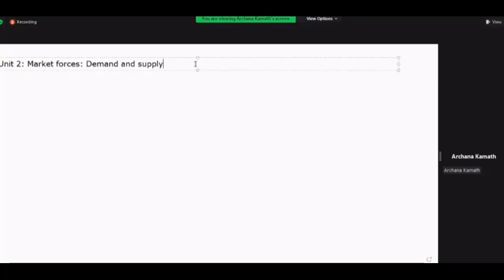Market forces, you have forces, meaning the one coming from one direction is demand and the other coming from the other side is the supply. The important tip which I'm going to provide you is, whenever you are learning about demand or a question is related to demand, make sure that you analyze demand from the customer perspective.